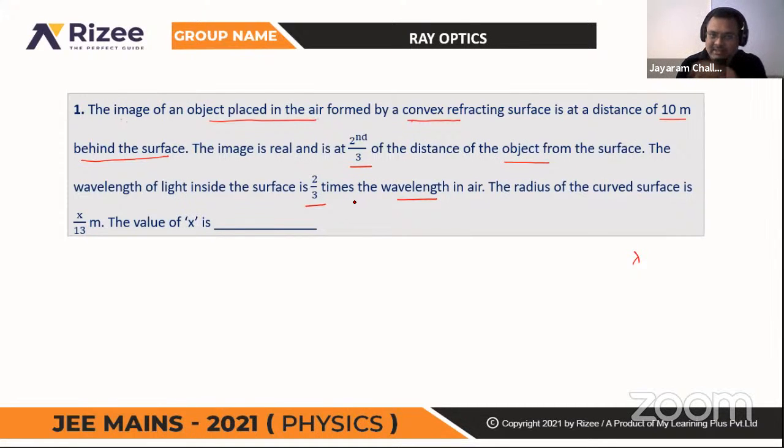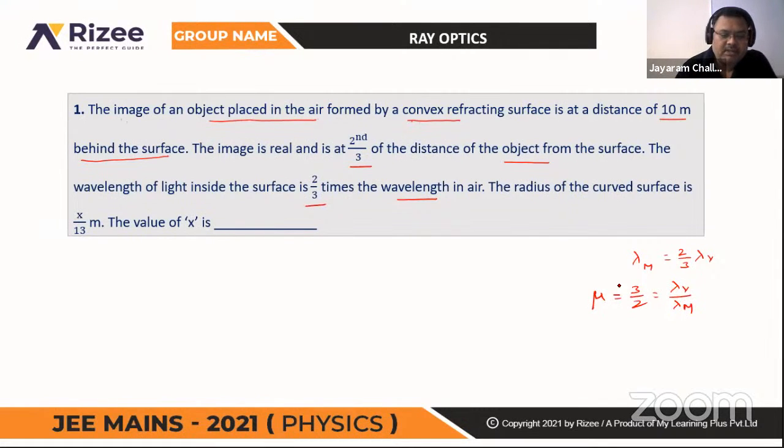He is just giving that information. So lambda in the medium is equal to 2 by 3 times the lambda in the vacuum. So 3 by 2 is equal to lambda in the vacuum by lambda in the medium, nothing but the refractive index mu.